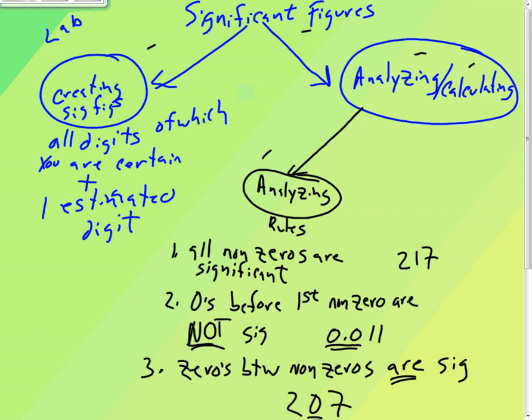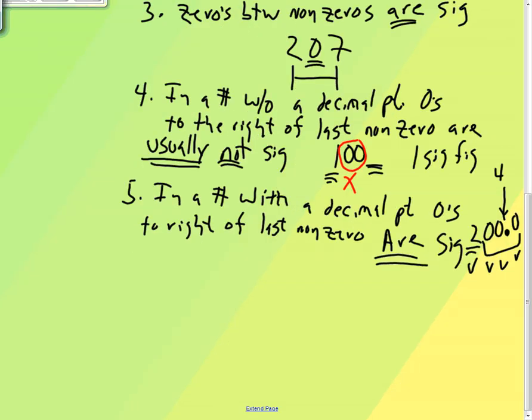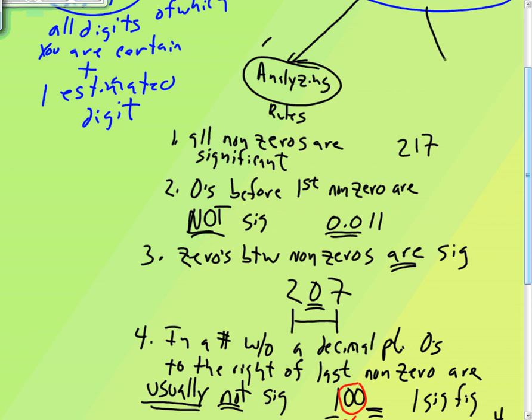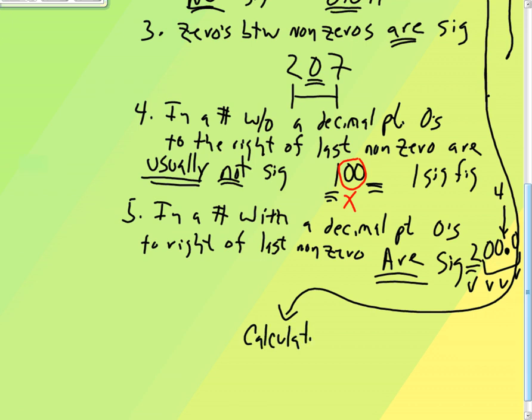So let me extend the page, and we're going to bring down our line from calculating. Here we go. Are you ready? And we're coming down. And what are we going to talk about? Calculating with sig figs.